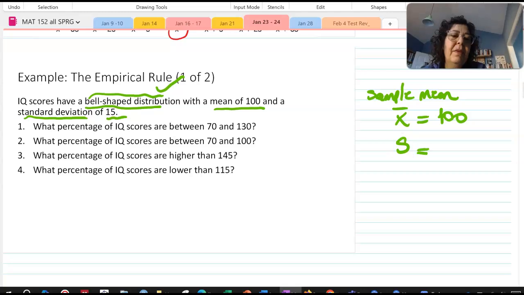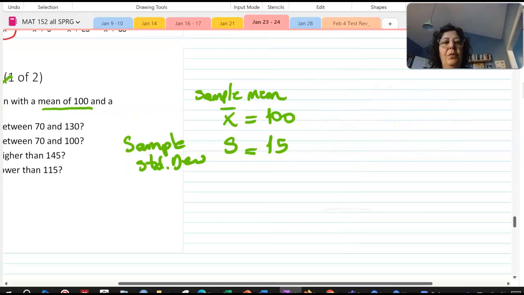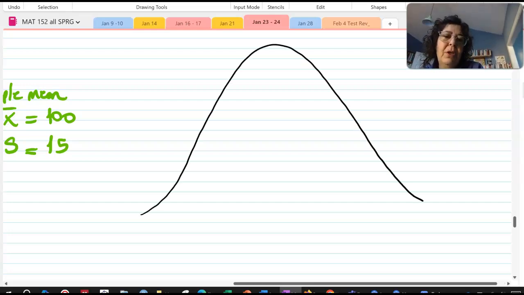Sample standard deviation, that's the symbol, with 15. Okay, so first let's draw this distribution. What is it going to look like? Let's have a look into that. All right, so this is a bell-shaped distribution.